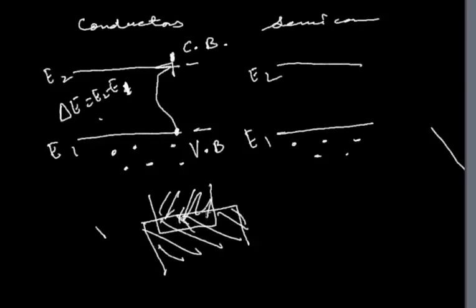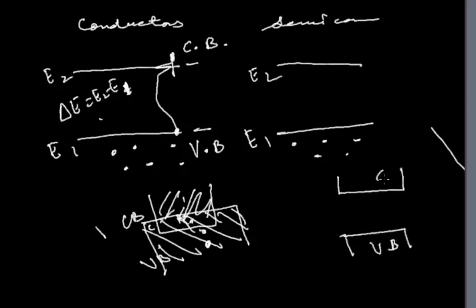Without doing anything, electrons can freely move from the valence band to the conduction band because both bands are overlapped in conductors or metals. But in case of semiconductors, there is some gap between the valence band and conduction band, so we need to provide some energy from outside so that electrons can jump from the valence band to the conduction band.